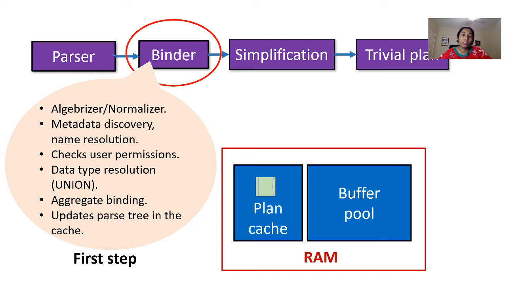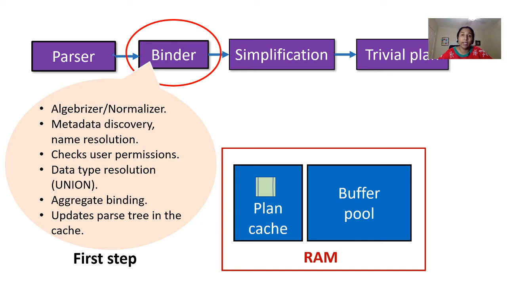And data type resolution happens here. Data type resolution meaning, for example, if you are doing a select star from two tables, where you are using the union all clause in between, the ordinal columns of those two tables should be matched in their data type. Those kinds of things are checked here.